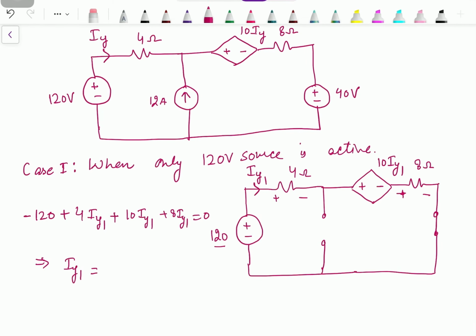This gives us IY1 as 5.45 amperes. If this is A and this one is B, then it is flowing from A to B.